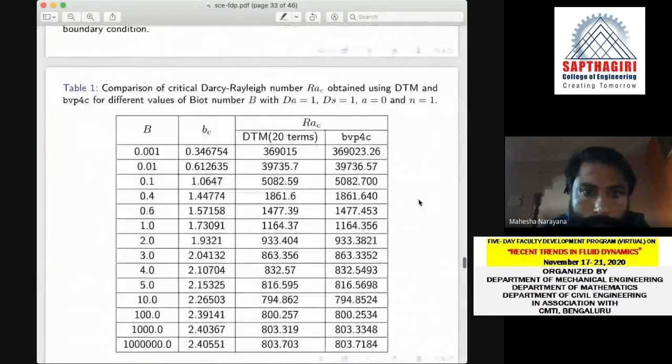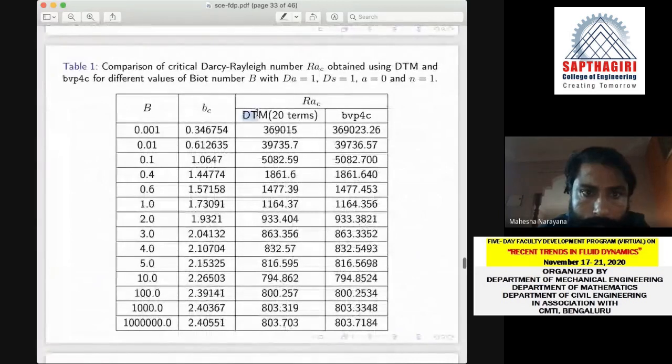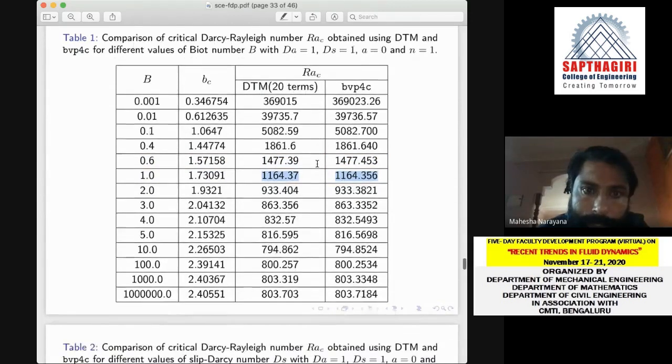And we have also compared the solution obtained by the differential transform method with that of BVP4C, which is a MATLAB inbuilt routine. And you see there is a close agreement between the values that we have obtained using the Taylor series method and the MATLAB built-in routine, which also tells us about the accuracy of the present method.